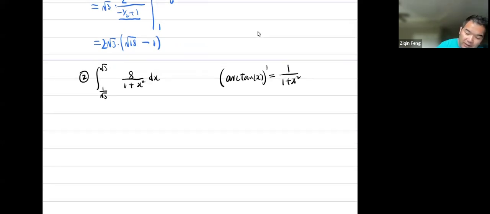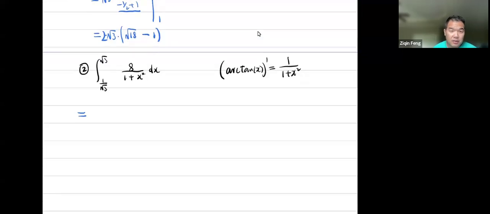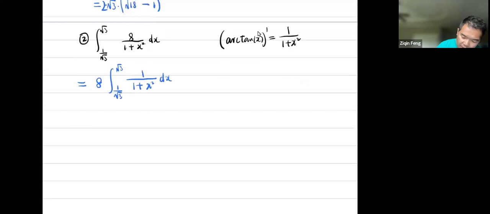So what you do is, take the number 8 out, it doesn't matter at all, whether you take a differentiation or integration. Integration from 1 over root 3 to root 3 of 1 over 1 plus x squared dx. Then you apply the fundamental theorem of calculus part 2. So this is 8 times arctangent of x, then plug in square root 3 and 1 over square root 3.